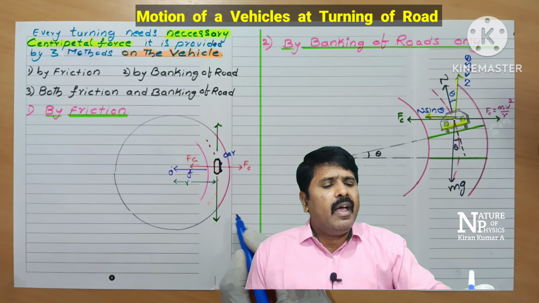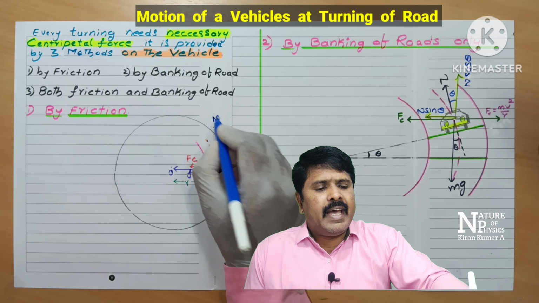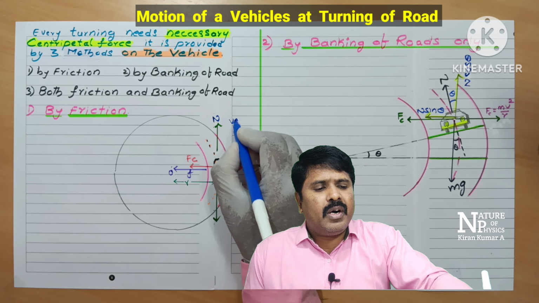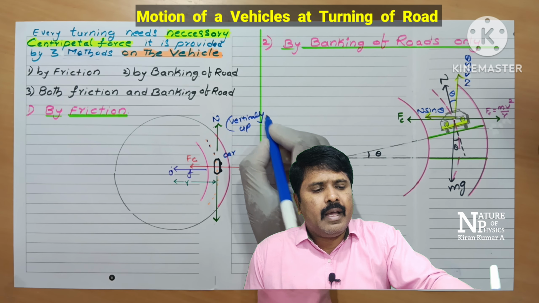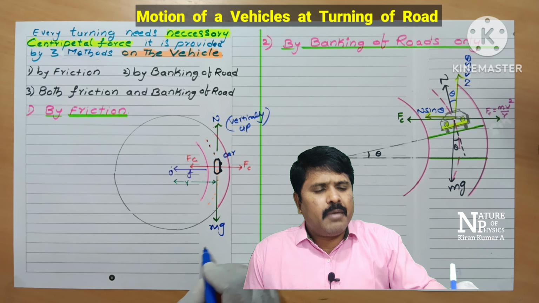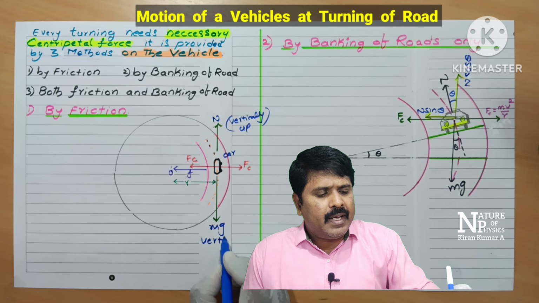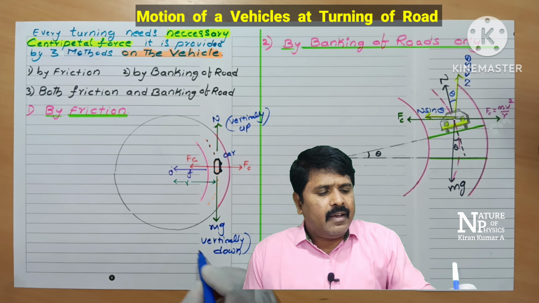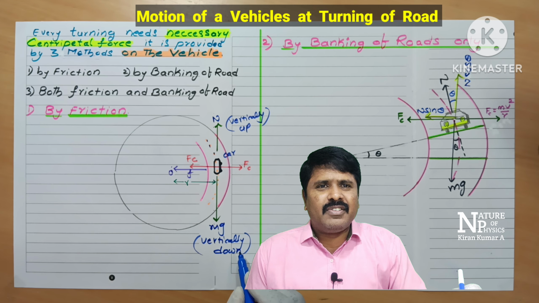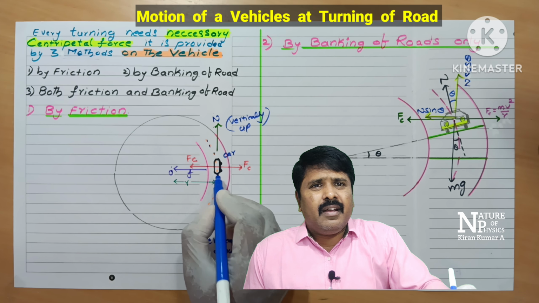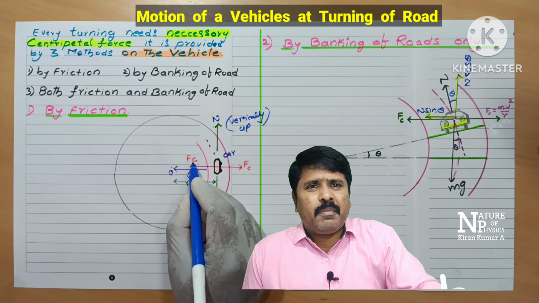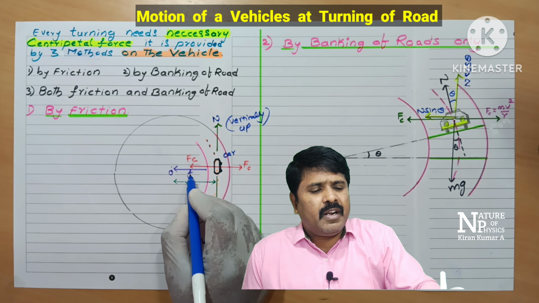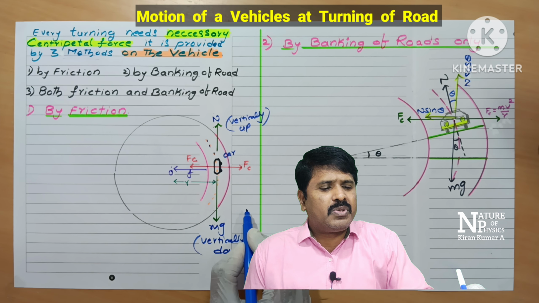The normal reaction is acting vertically upward, and downward is mg, the weight of the vehicle, acting vertically down. Also, at the turning area, on the car toward the center there is a centripetal force. The necessary centripetal force is provided by the frictional force.